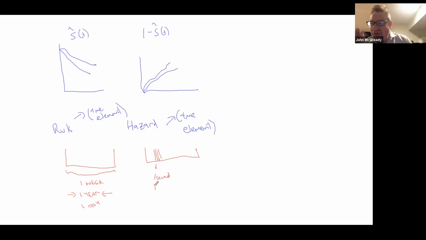As this interval converges to milliseconds or instantaneous, that's when we have what technically is a hazard. The hazard is the risk of an outcome in a very small period of time. That being said, for all intents and purposes, risk ratios and hazard ratios can be interpreted the same way.